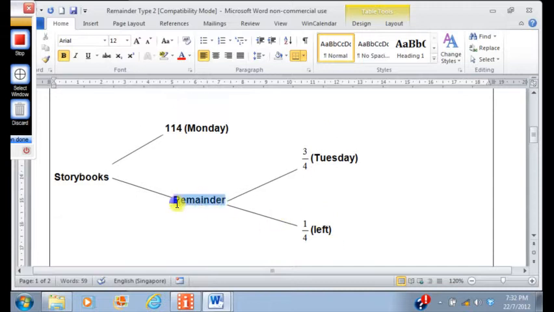This is not a fraction. This is the word remainder. So since you see the word remainder here, you can't put a times symbol here. You know, when we have a fraction here, then we put a times, right? Now we can't do that because we do not know what this is. So we just leave it.